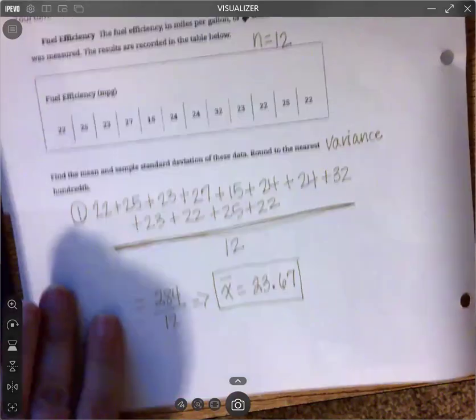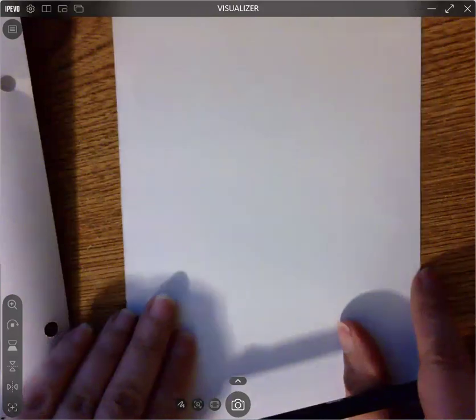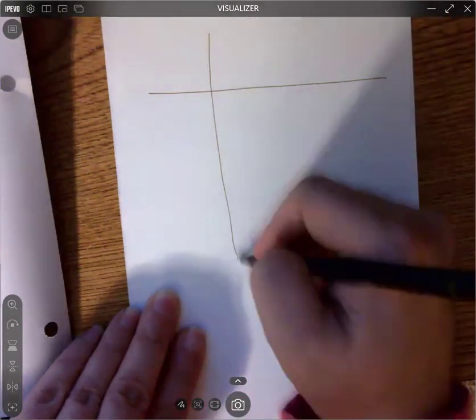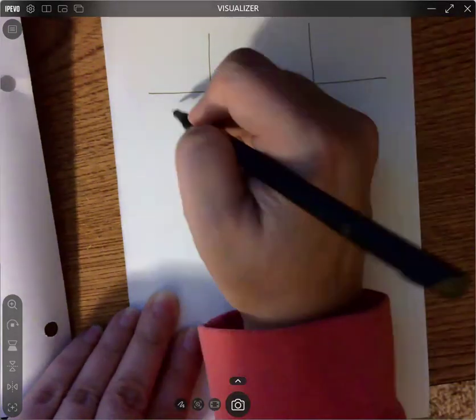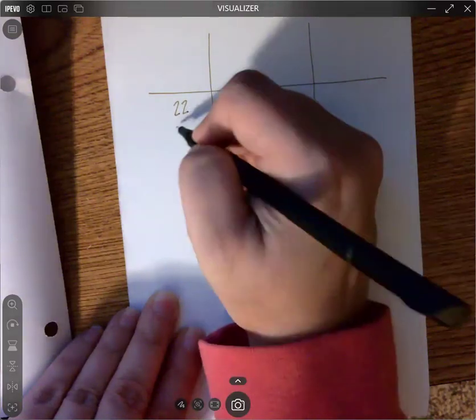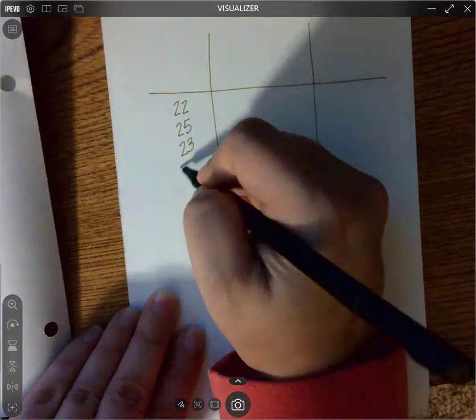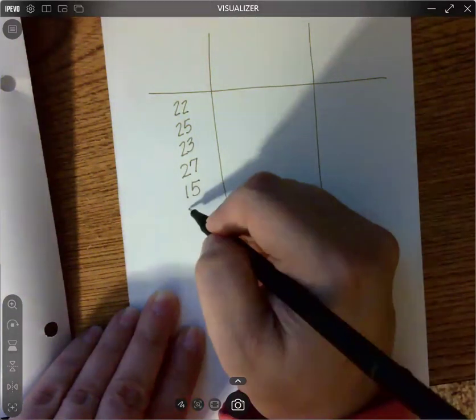All right, for step 2, we're going to make our little table. I'm just going to get a new piece of paper. So our table needs 3 columns. The first column represents each of the numbers that we have. And I'm just going to write those down here.